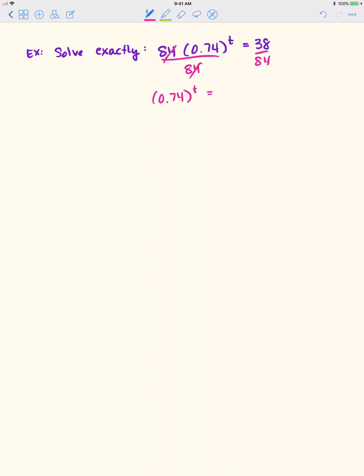Now that fraction simplifies. There was an example in the textbook that left it 38 over 84, but it does simplify to 19 over 42. So I'd like to think that you should be able to simplify a fraction if you can, but do not use the decimal. No e's here, so I'm just going to apply logarithms to both sides.